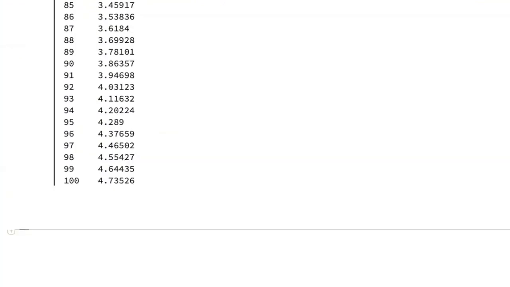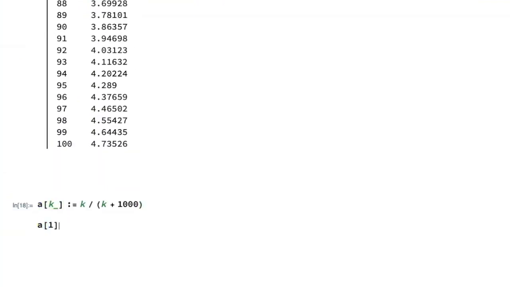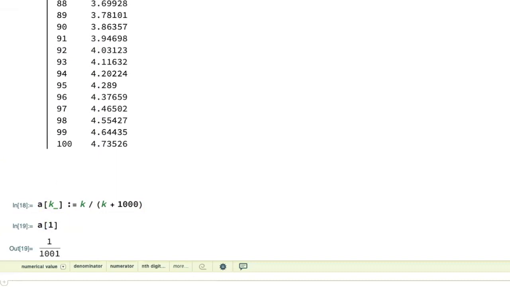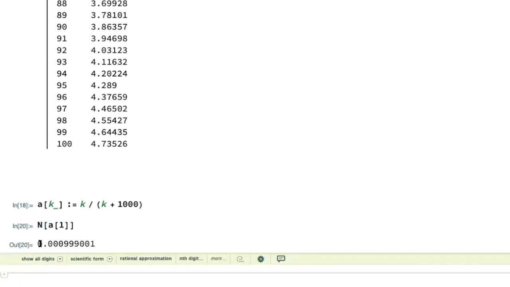Instead, I'll define a of k to be the function k divided by, and you need parentheses around the denominator, k plus 1,000. Now I can ask it what's a of 1. So the first term is 1 over 1001. If I use the capital N function in brackets, it gives me the numerical equivalent.